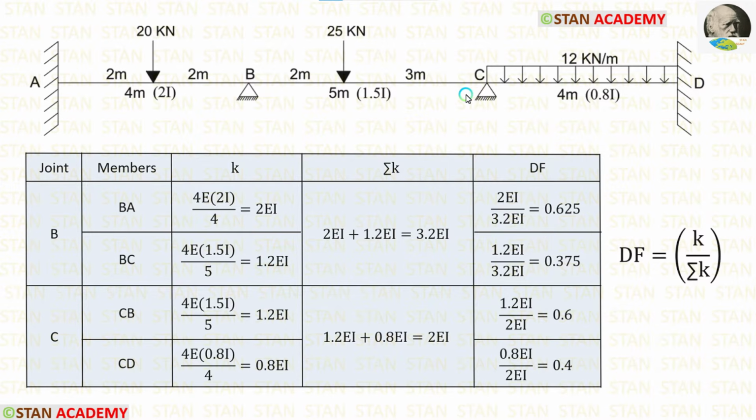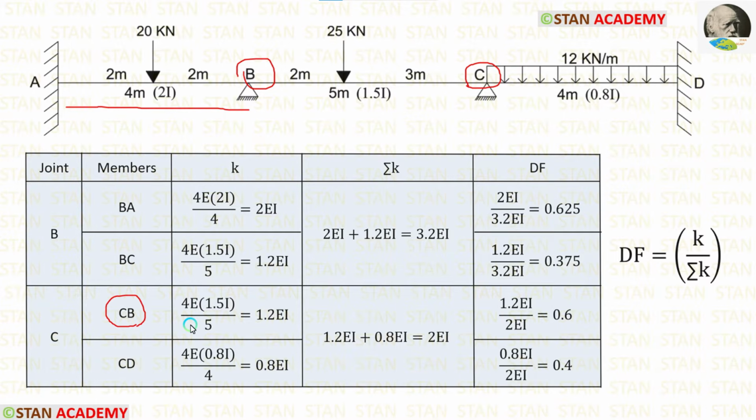Now let us calculate the stiffness values in the joint C. First, let us calculate for CB. For that, from the joint C, we have to look at the point B. The point B is continuous because after the point B, we are having the span AB.